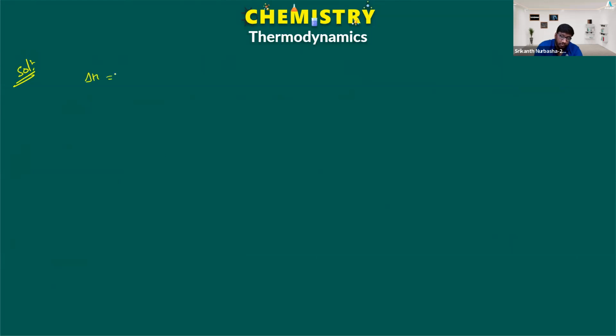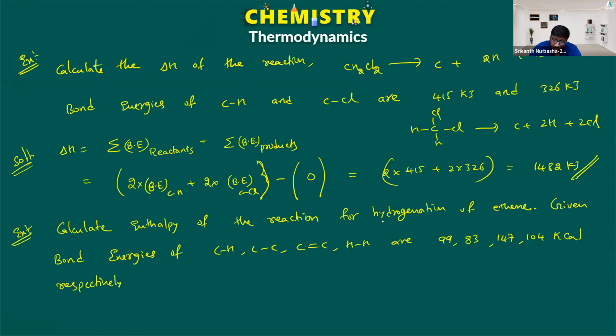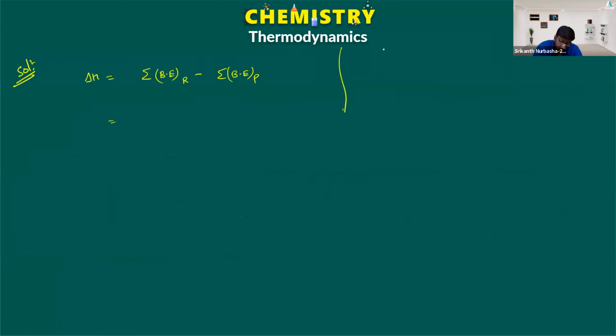Delta H is equal to the sum of bond energies of reactants minus the sum of bond energies of products. Hydrogenation of ethene: ethene is CH2 double bond CH2. For that you are adding hydrogen, so you'll be getting CH3 single bond CH3.